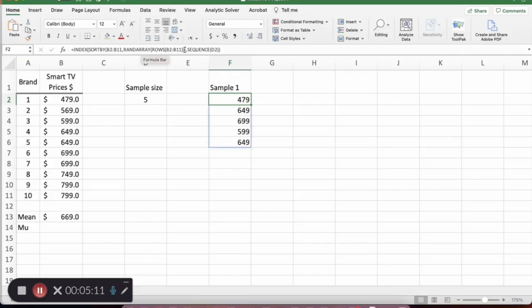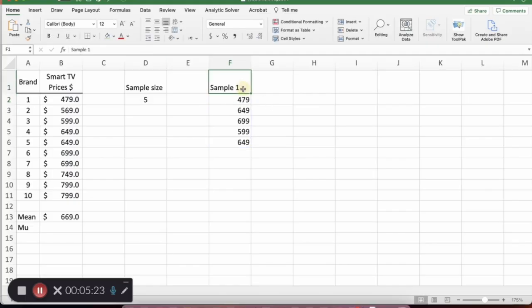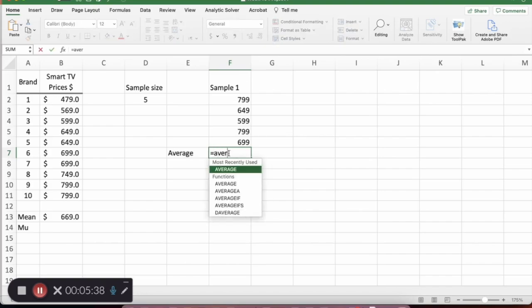How many values we need is given by SEQUENCE. Because we were looking for 5 values, INDEX retrieves 5 values. So we got one sample. Every time I click, by the way, we get new random numbers generated. That's okay, this is good for us.